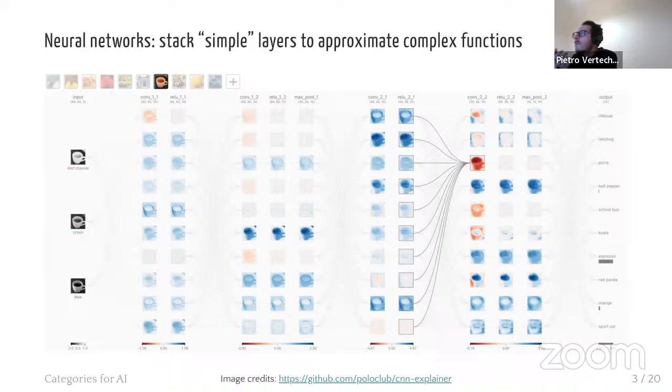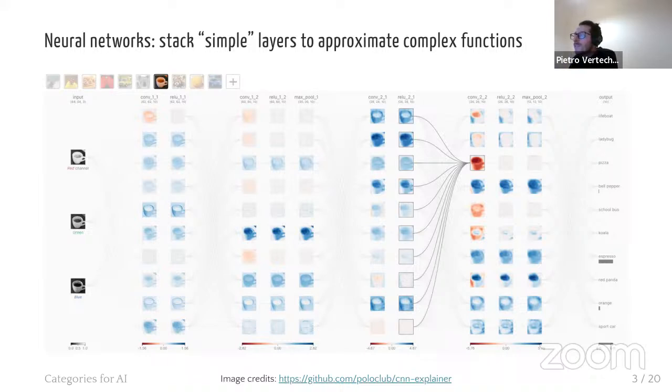And we are stacking them, attempting to approximate a complex function. In this scenario, we're trying to approximate the function that takes as input an RGB image and gives as output a list of probabilities. So the probability that the image is a lifeboat or a ladybug or a pizza, a bell pepper, an espresso mug, or whatnot.